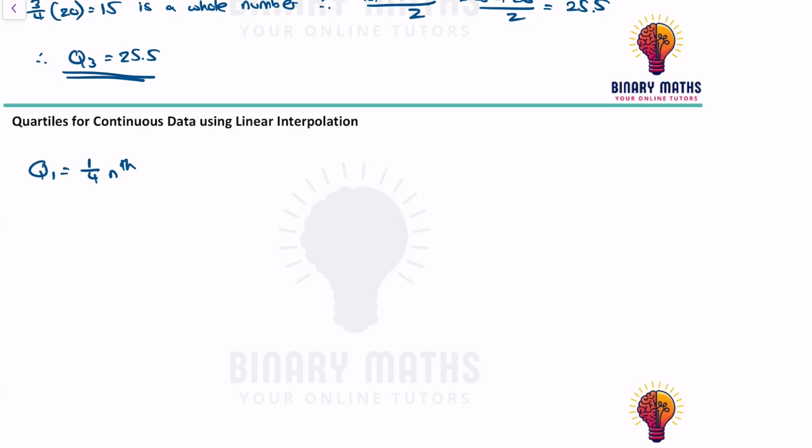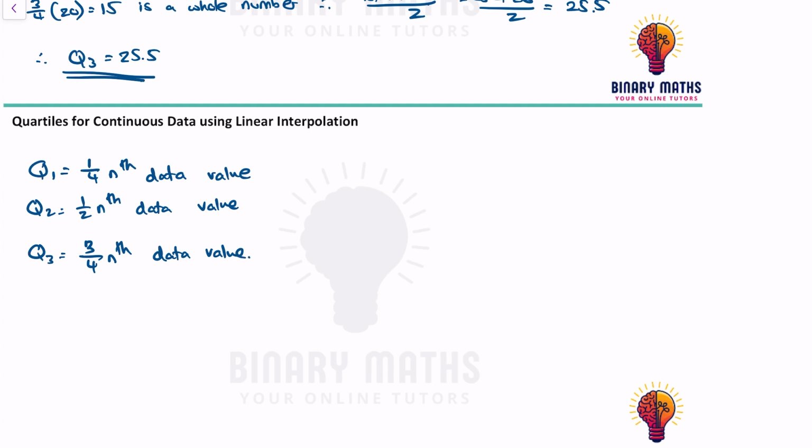So there's no rounding, there's no separate rules for each situation that arises. For Q2 it will be the half nth data value, and for Q3 it is the 3/4 nth data value, and so on. So it's much simpler when it's continuous data.